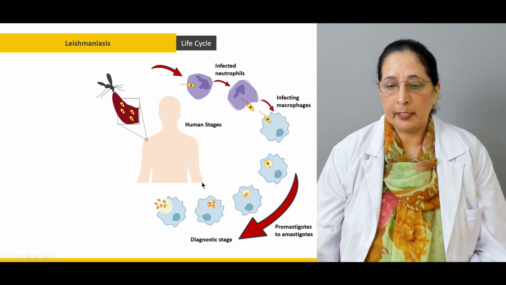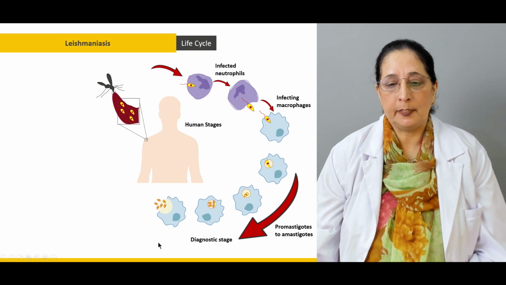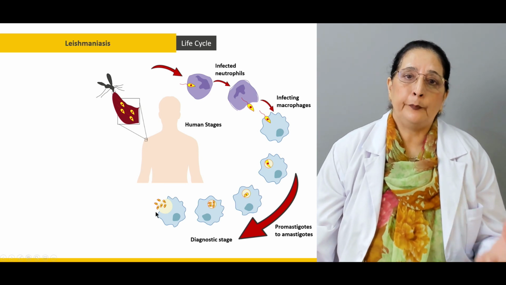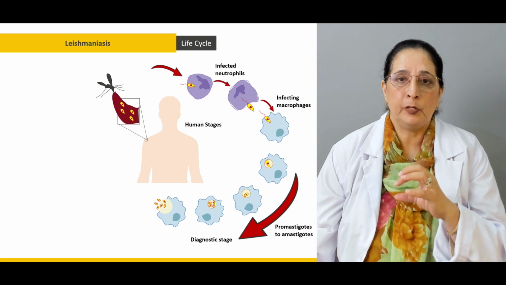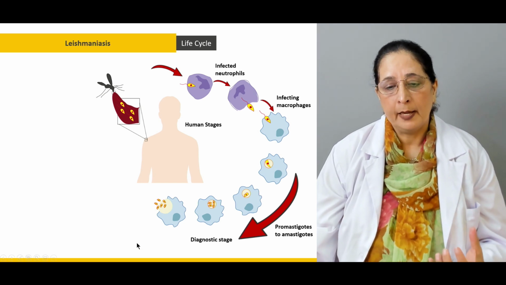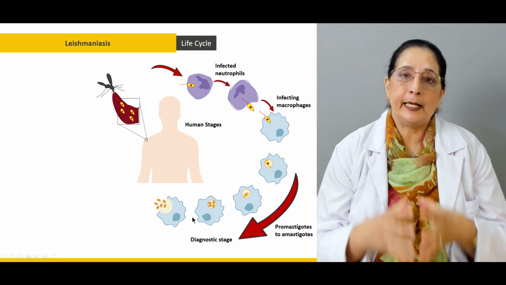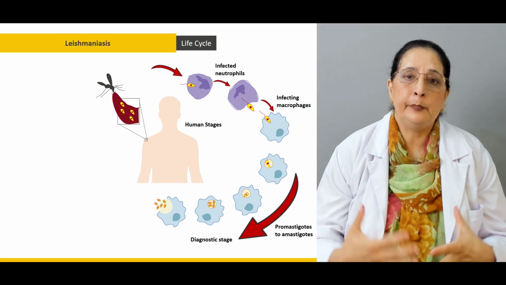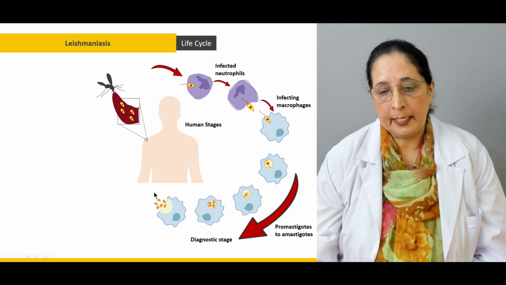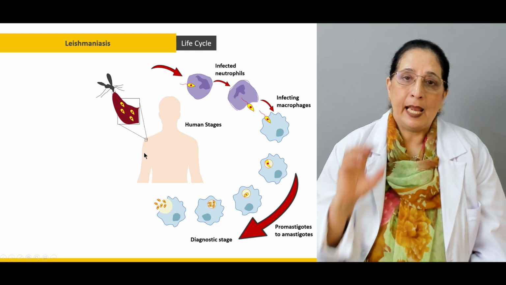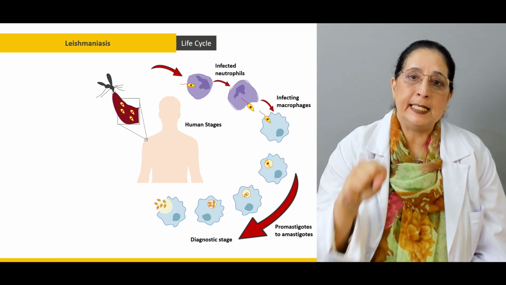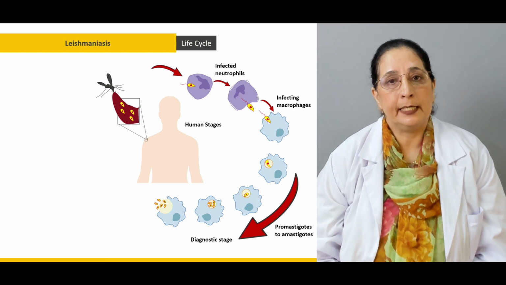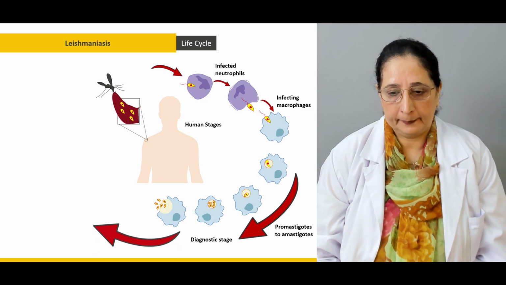Once the replication occurs, you can see there is bursting of the macrophage and release of not the promastigote which enters the human body, but now the release of amastigotes, because inside the macrophage the promastigote changes to an amastigote due to the proliferation. Now when the sandfly bites the person again, the amastigotes will be taken up by the sandfly.